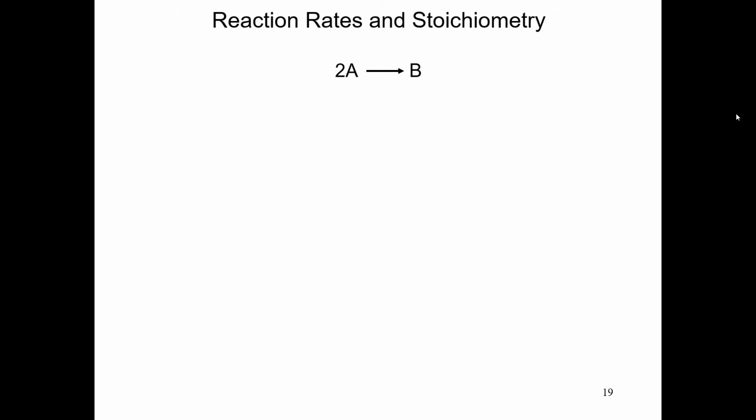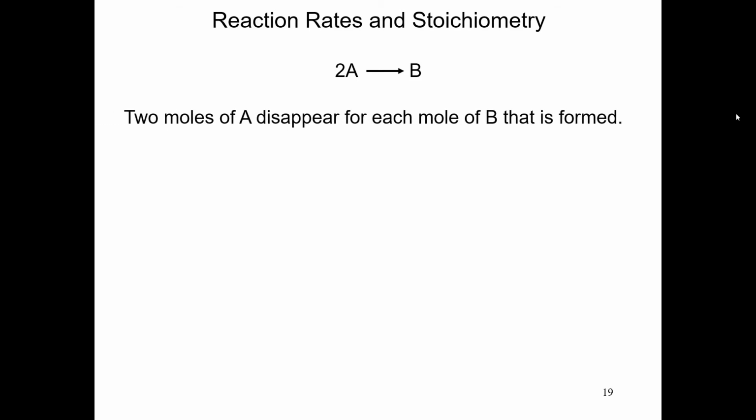So let's consider this reaction where reactant A is converted to product B, but in this case, we have 2 units of A converted into 1 unit of B. So we could say that 2 moles of A disappear, so to speak, for each mole of B that is formed.